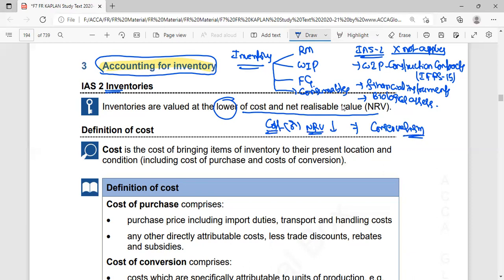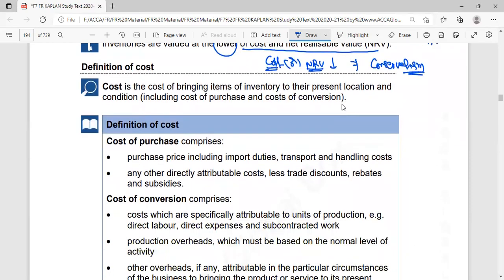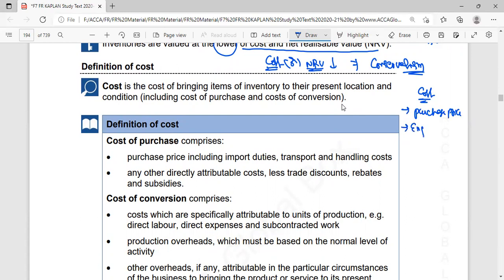Cost includes the purchase price of the inventory, any expenses incurred at the time of purchase, and the amount spent for conversion, called conversion cost.